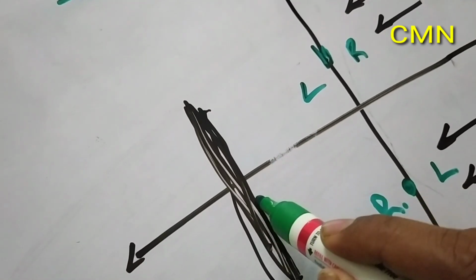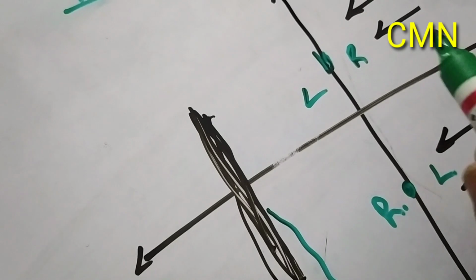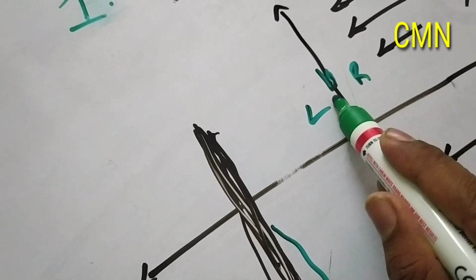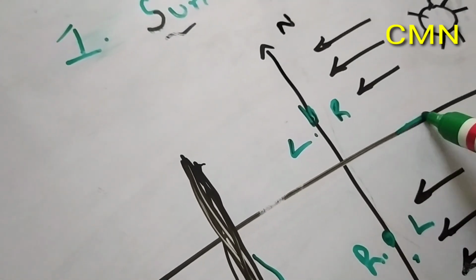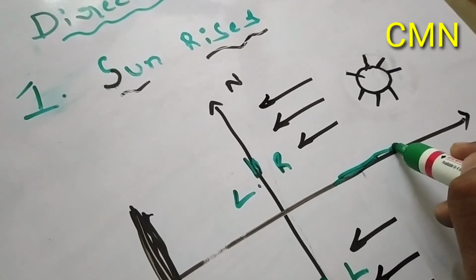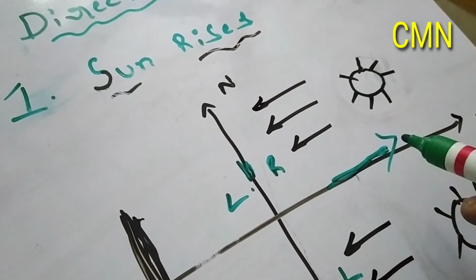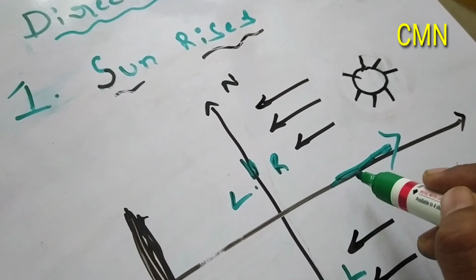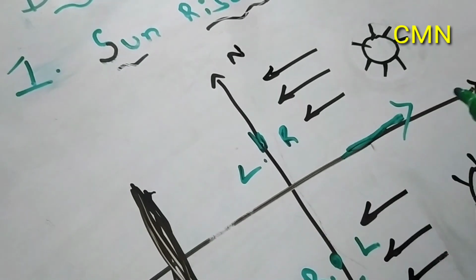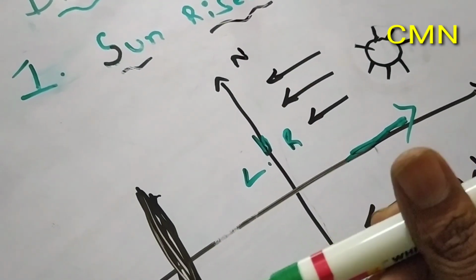The shadow is always in the same direction; the only change is the direction you face. Suppose you are facing east direction; the shadow will be on your back side.